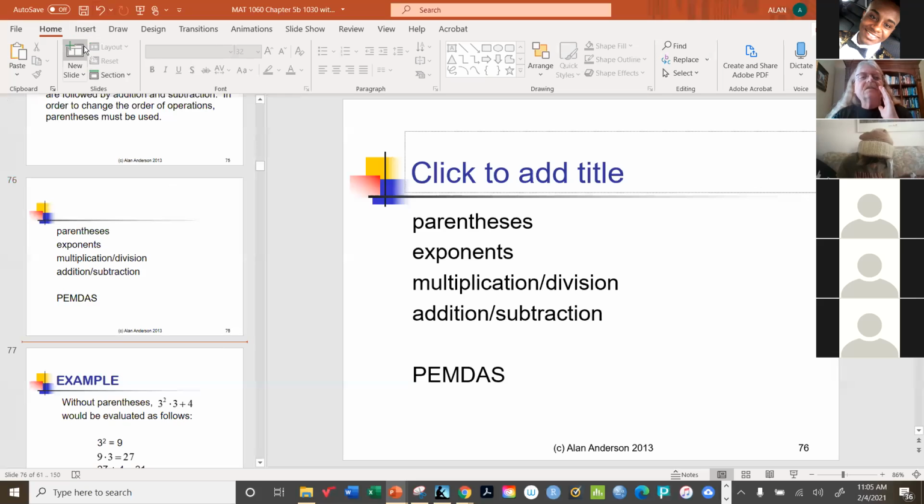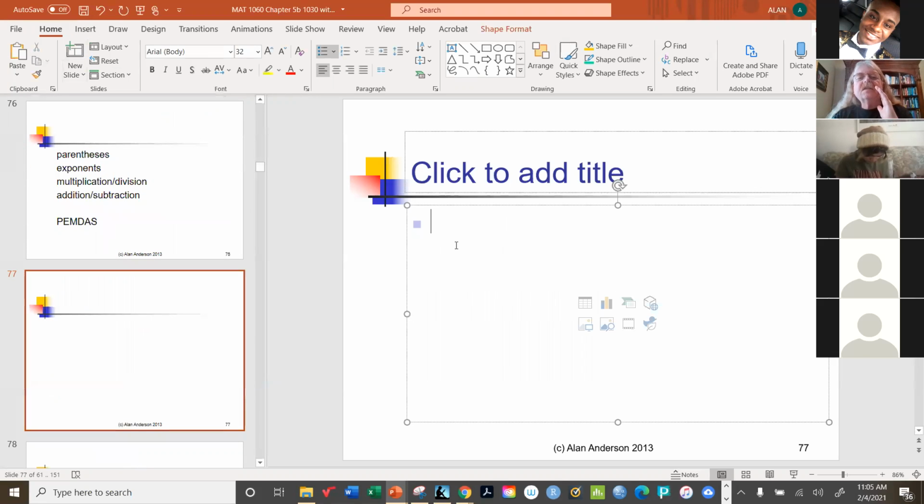So a word like this that consists of other words has a special name. Does anyone know what it is? A mnemonic device. Well, mnemonic devices help us remember, but this one specifically is referred to as an acronym.